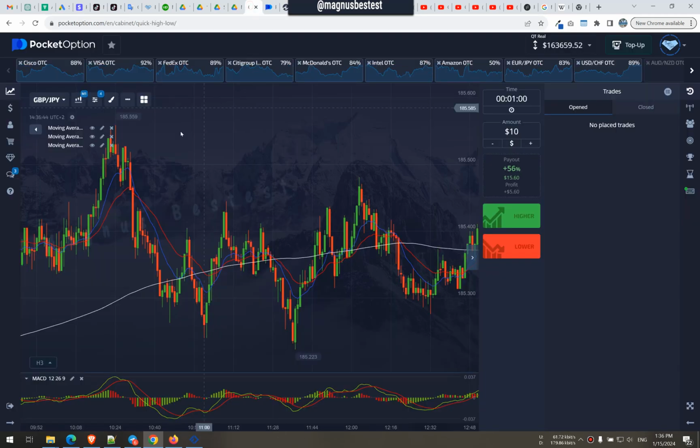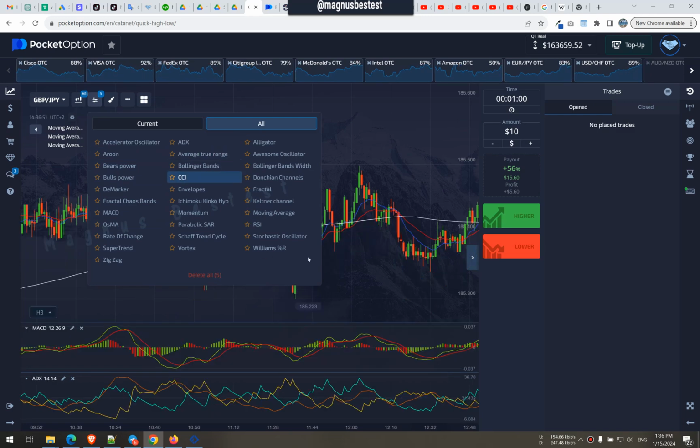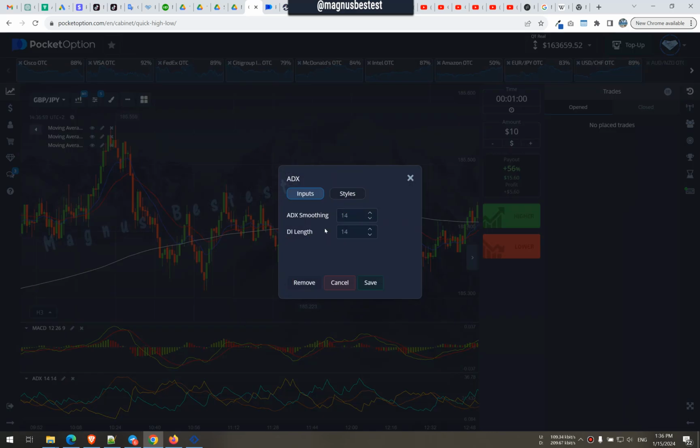Let me check if we have ADX on this platform, and we do. So here we have a cross, and the default values are 14, 14.